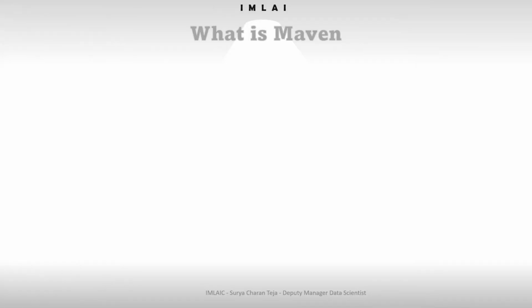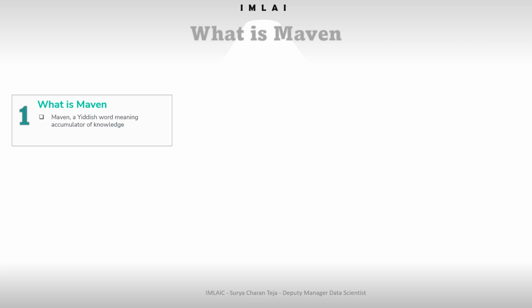Maven is a Yiddish word meaning accumulator of knowledge. It began as an attempt to simplify the build process in the Jakarta Turbine project. There were several projects, each with their own Ant build files that were slightly different, so jars were checked into CVS.